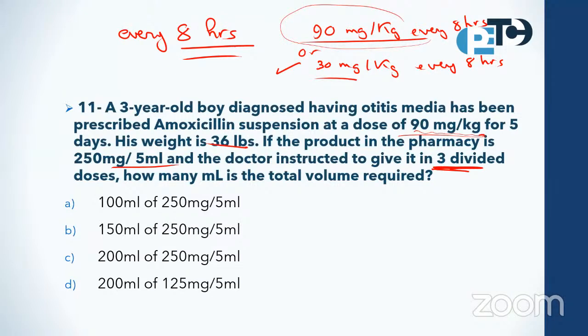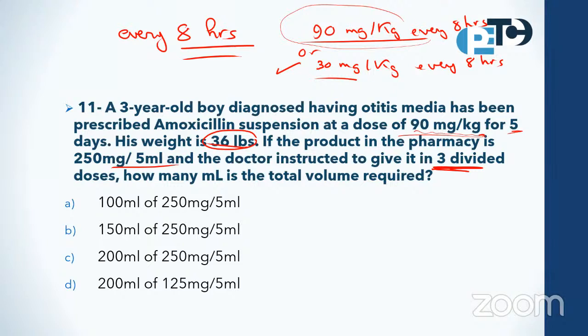Here we have two things. Firstly, convert the weight of the child to kilograms, then calculate the total daily dose and multiply it by 5 to know the total milligrams that this child will receive.